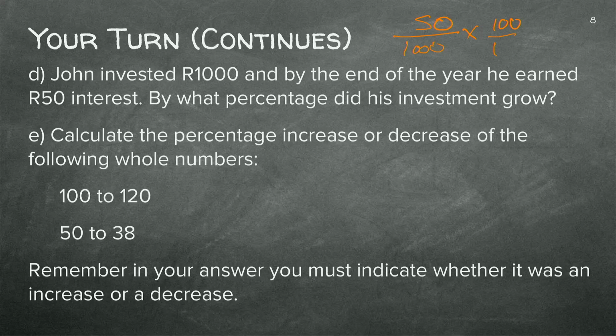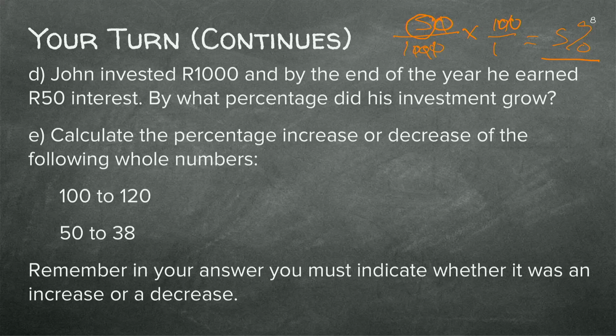So we can easily work this one out, and we see it grew by 5%. There's our 3 zeros, there's our 3 zeros, so we are left with 5%. So his investment grew by 5%. Please remember to always write that out.